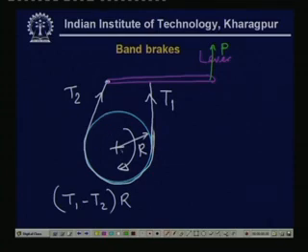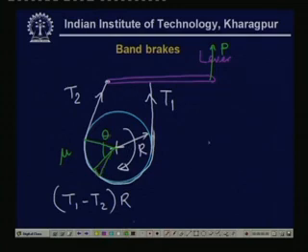Now, we know that whenever this drum rotates, there is a definite relationship between T1 and T2. If the kinematic coefficient of friction is mu, then consider a small element measured from this point where this band touches. So, at angle theta we consider a very small element.